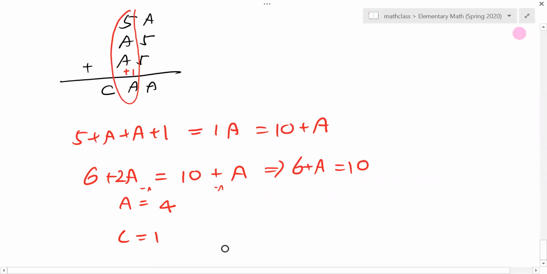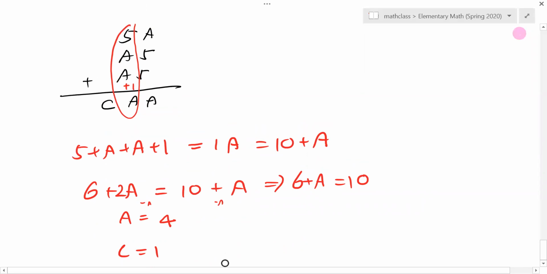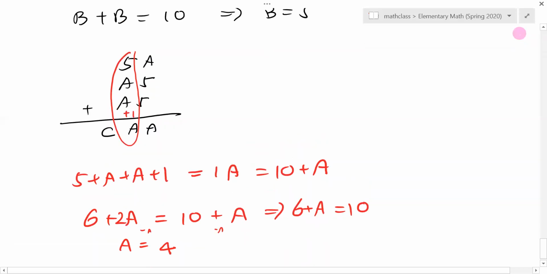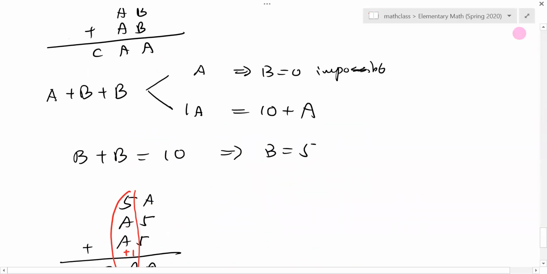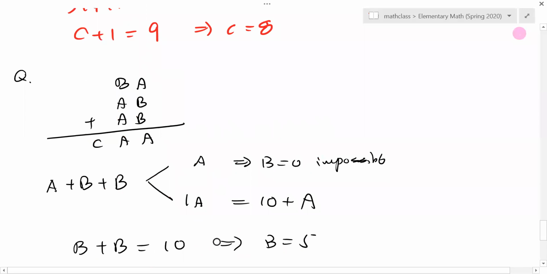You have to go step by step, right? So you are given not many digits there. You have 3 different digits here: BA, AB, AB, and CAA, right? Let me repeat again.